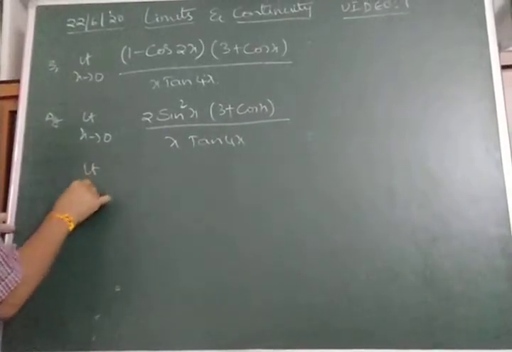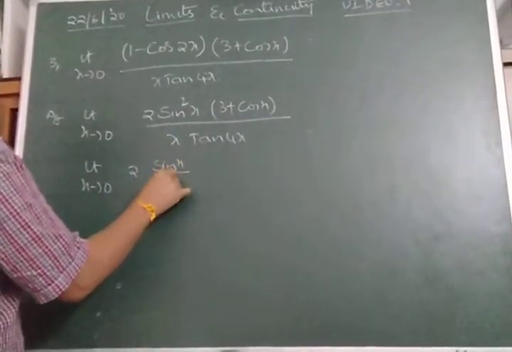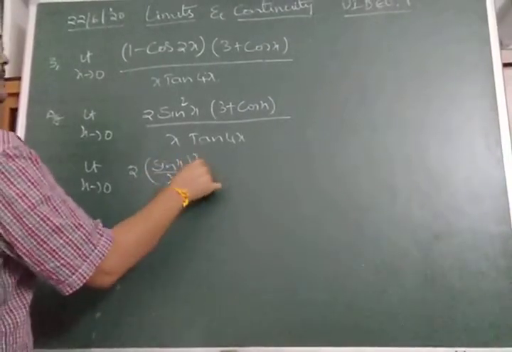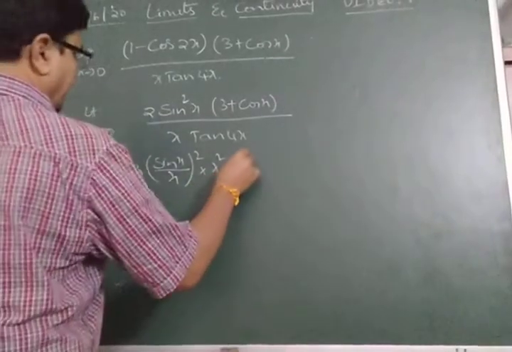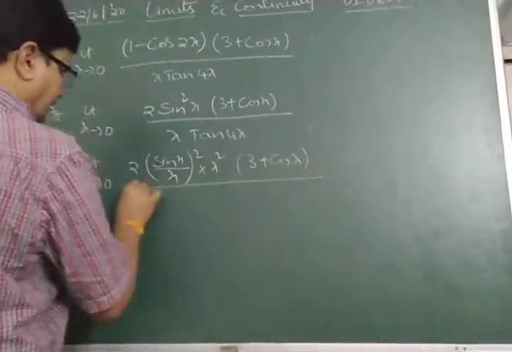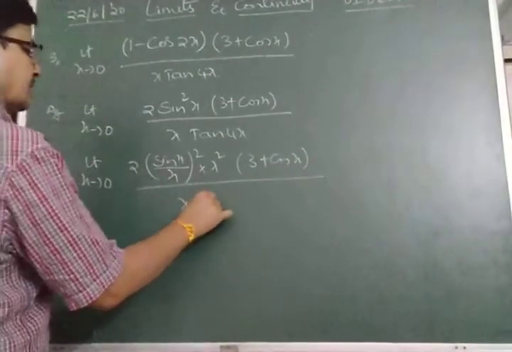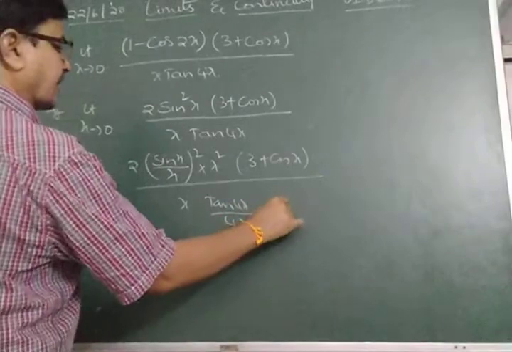Now this is limit x tends to 0 of 2 into (sin x by x) whole square into x square into (3 plus cos x), whole divided by x into (tan 4x by 4x) into 4x.